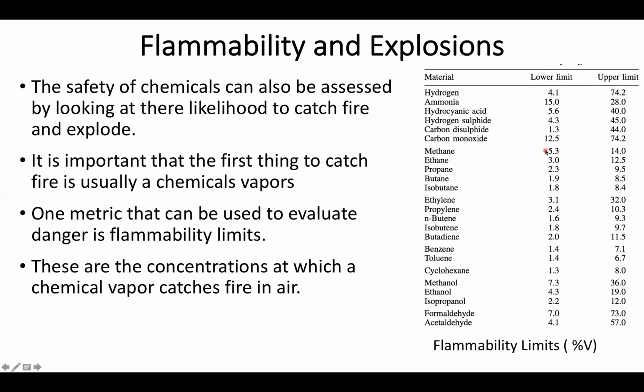The major idea with this lower limit is that if I have too little of the vapor in suspension, one molecule may combust, but there are not going to be any other molecules near enough for the combustion reaction to run away and ignite its neighbor.